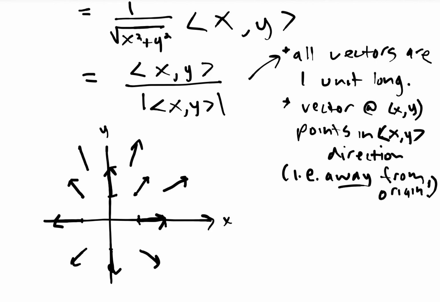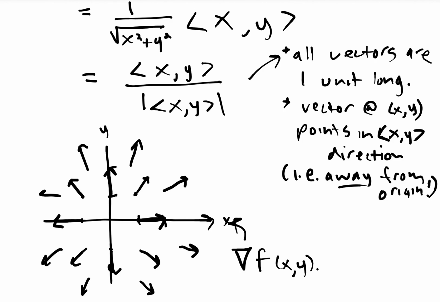Every single one of these is going to be a unit long. So we've got this starburst where everything is trying to flee the origin as quickly as possible, but all of these are unit vector length. So this is my gradient vector field. That's my graph of it.